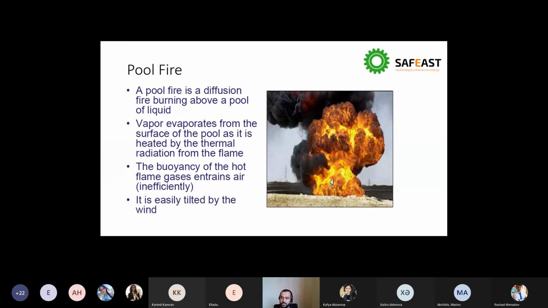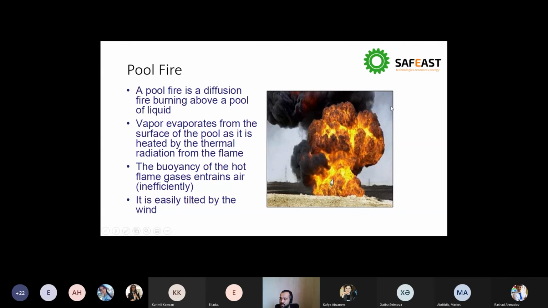Pool fire. This is another kind of fire which usually happens due to a liquid release or rainout, when a pool is formed and ignited. A pool fire is a diffusion fire burning above a pool of liquid. It burns above the pool on the surface, and as air mixes in while it burns, it's a diffusion fire.